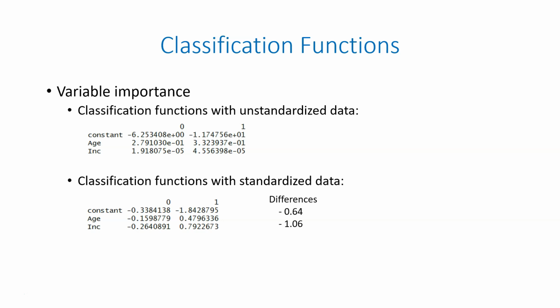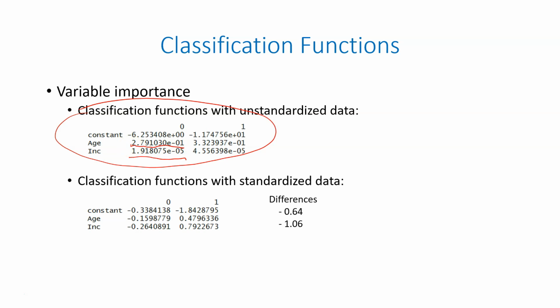If you look at the original classification functions derived from unstandardized data in our example, the coefficient for income is much smaller than the coefficient for age.